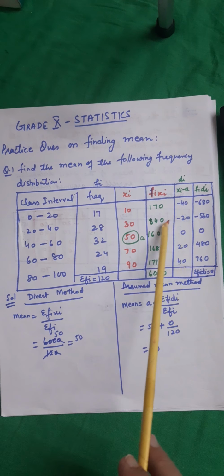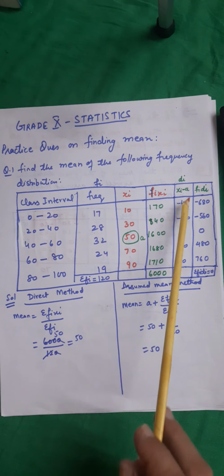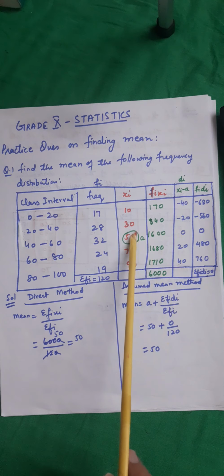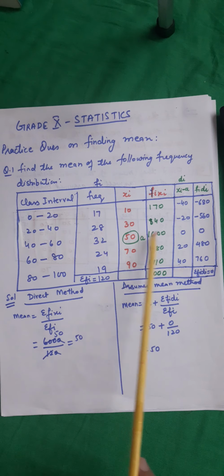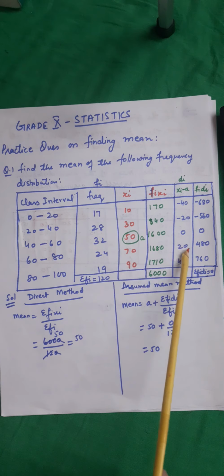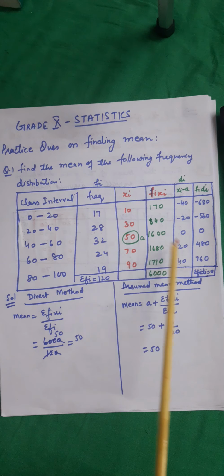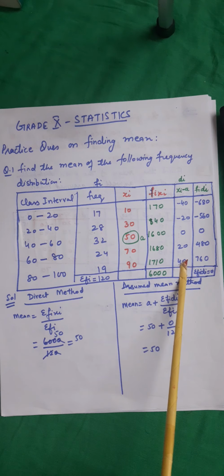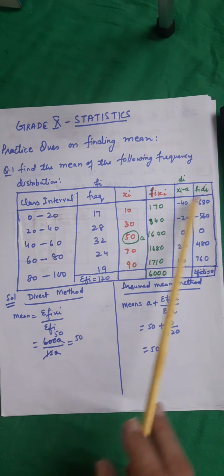Now let us find out the deviations. Deviations are to be taken as, here 10 minus 50 will give me minus 40. 30 minus 50 gives me minus 20, and 50 minus 50 is 0. 70 minus 50 is 20, and then 90 minus 50 is 40. We could also have got these by adding the class sizes.